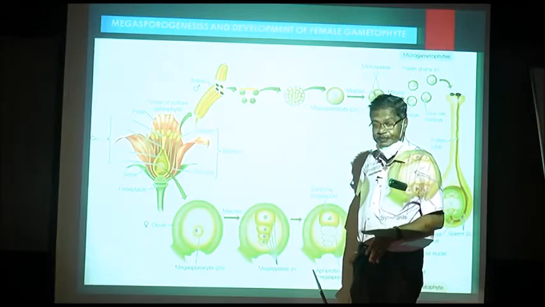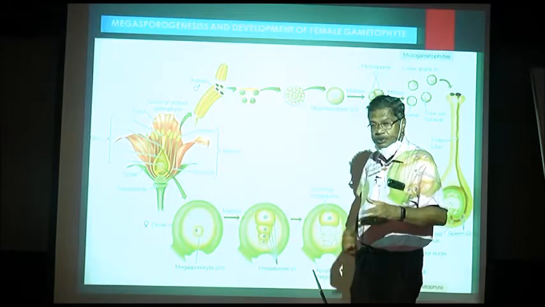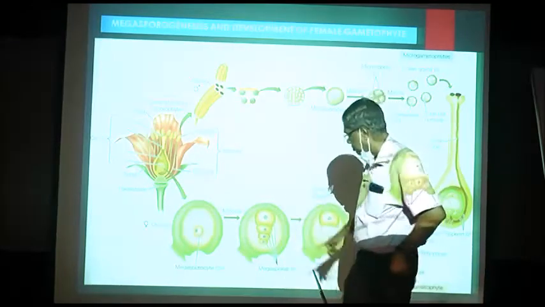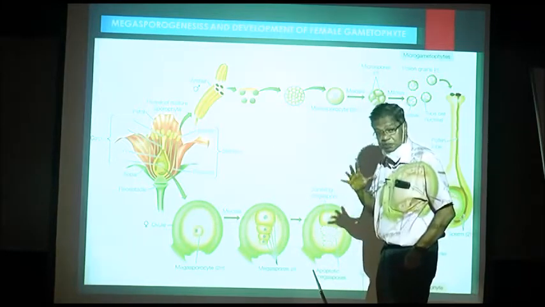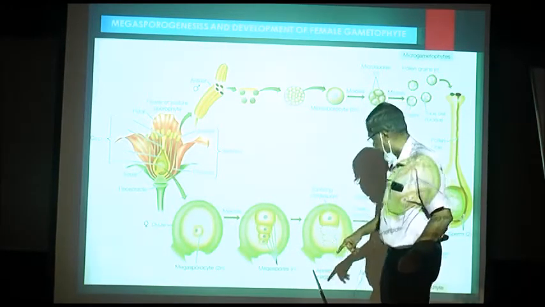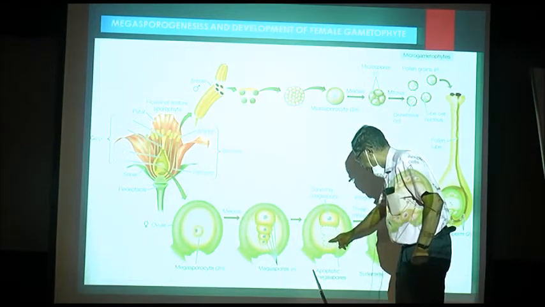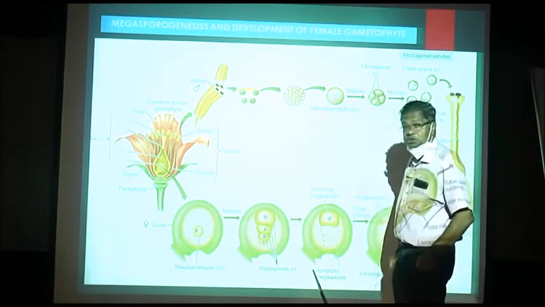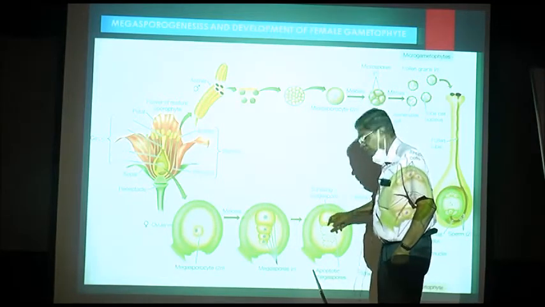In the anther, the 4 microspores develop into pollen grains. But here, out of the 4 megaspores, in most plants, though some have deviations, 3 megaspores degenerate and 1 megaspore survives.